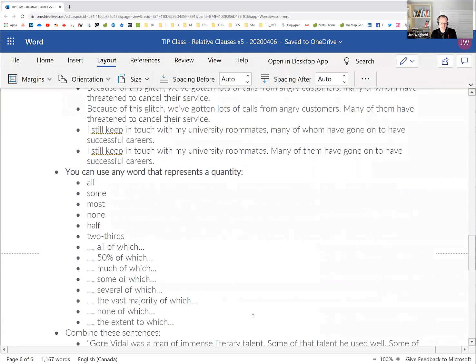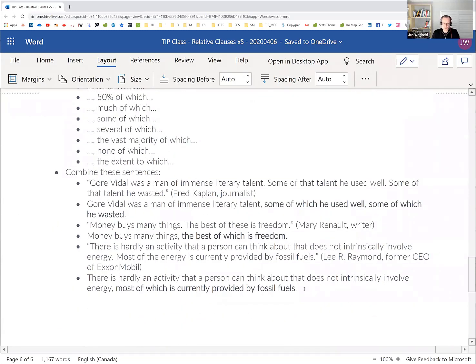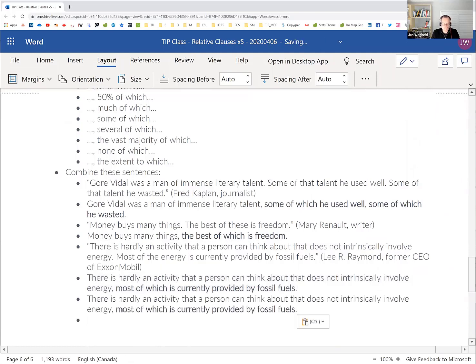Because in a lot of cases, you can do something like this, and it's the same thing. Of which most. This is also acceptable. The best of which could also be of which the best is freedom.